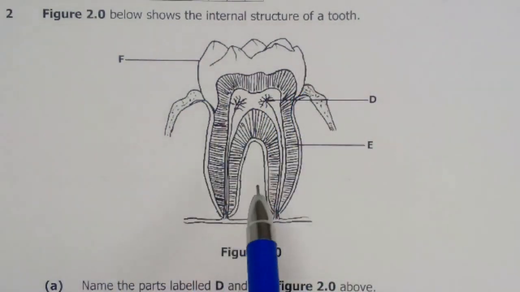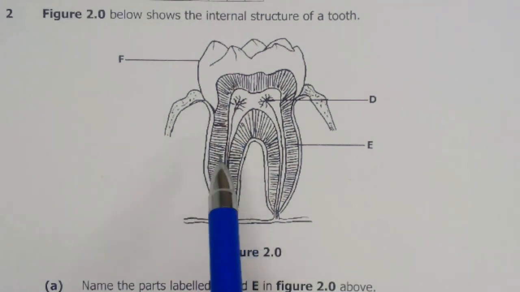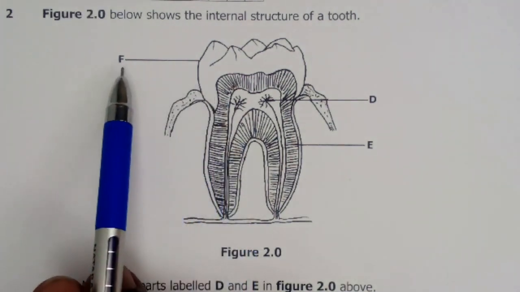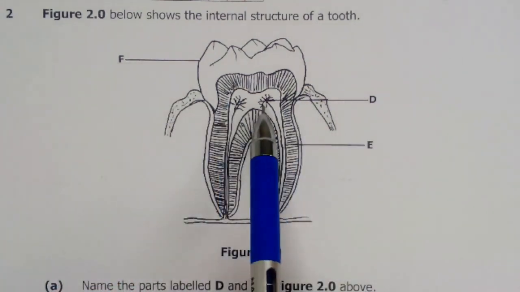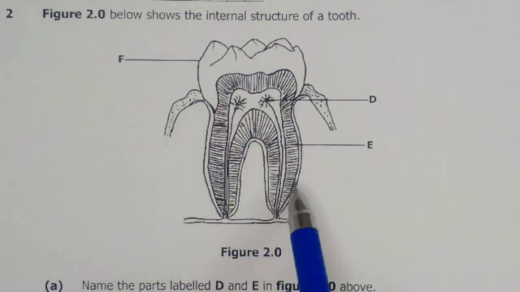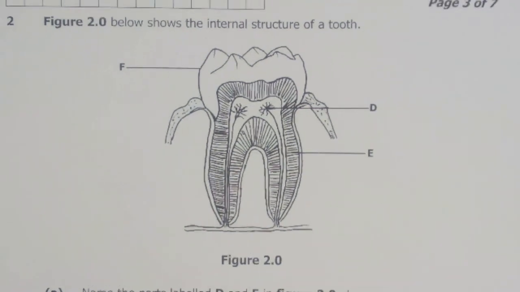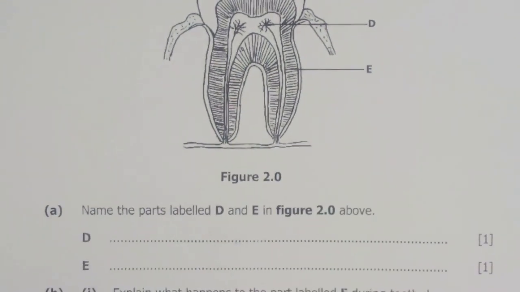Here we have the internal structure which has been cut longitudinally, and the labeled parts we have F, which is the enamel, we have D, which is the nerve ending, and we have E, which is the structure here, which is the dentine. So let's look at the questions which follow this structure.